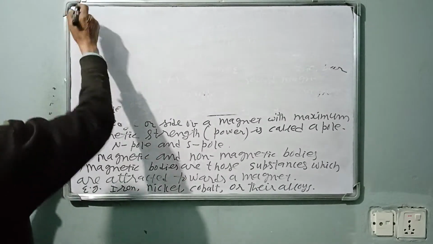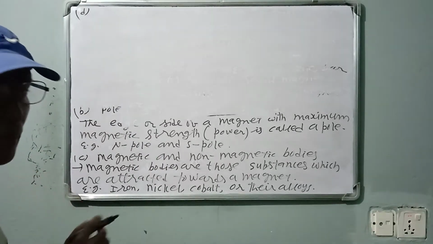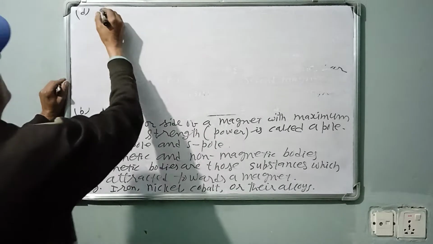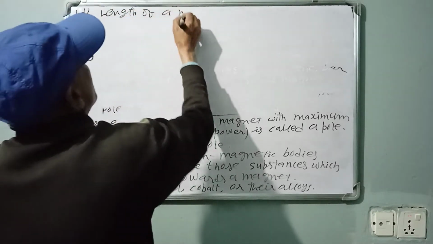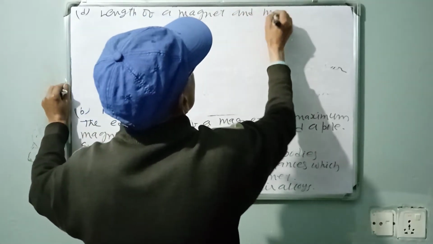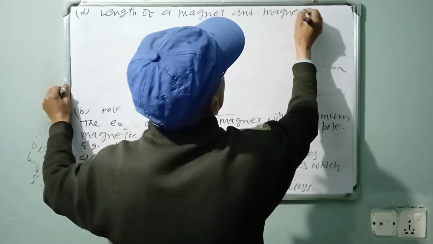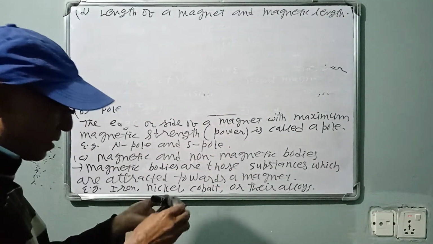Now D, length of a magnet and magnetic length. Length, it is in class 7.